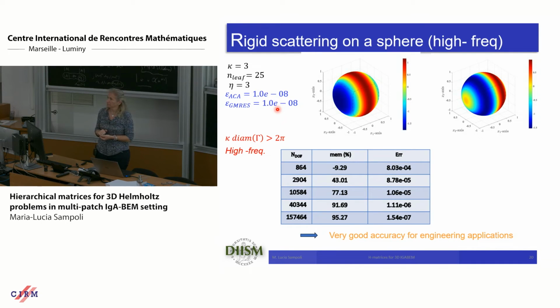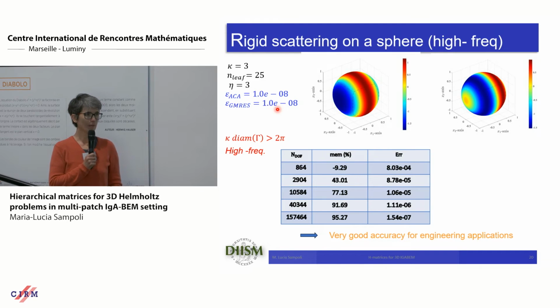Is there any other question? Probably a very naive question, because it's very far from my expertise. But how important is the multi-patch decomposition? Your multi-patch geometry? It's fixed. Yes, we do it in advance. And if you change it, you change everything?